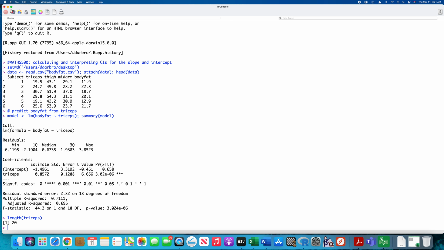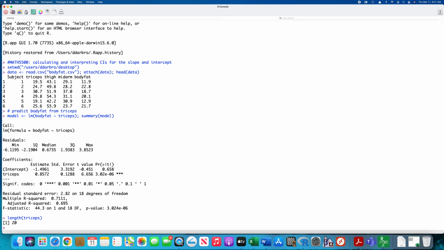But, huge but, if I want to generalize from these 20 people to the larger population, to everyone, then I get into what we call inference, p-values, and confidence intervals.